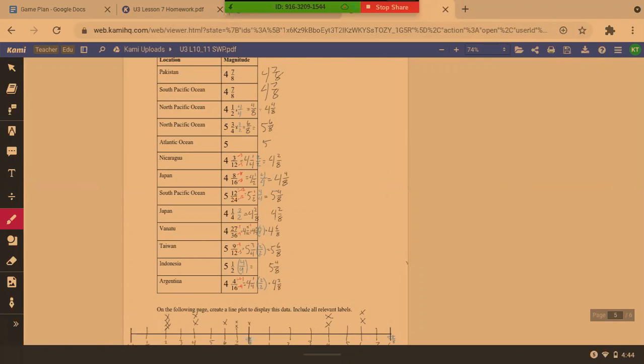So let's add up the whole numbers. I'm going to do the whole numbers in blue. So we have 4. Where's my eraser?